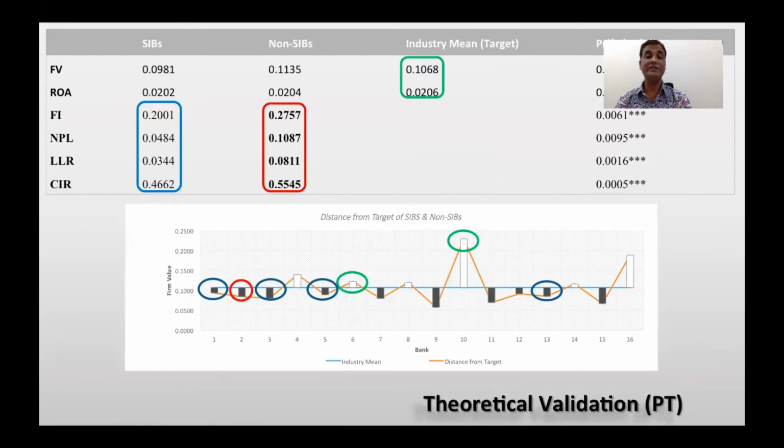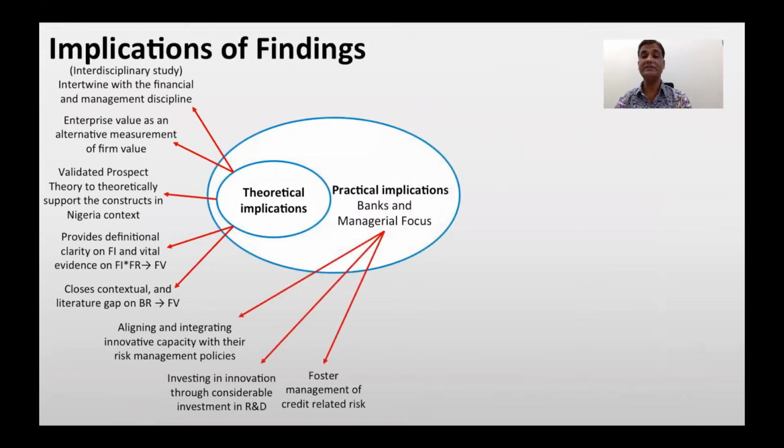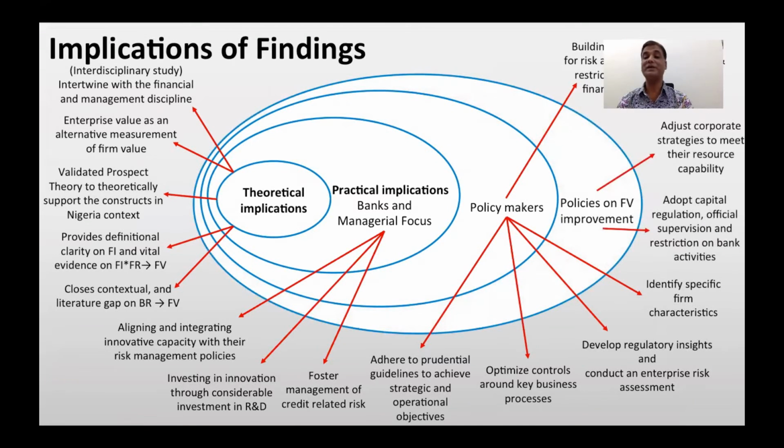If you continue to see, he continued with his findings, and this is the most beautiful slide, I think, in his case. He has identified the theoretical implications based on his findings, practical implications, as well as implications for policymakers. He also has applications for farm value improvement.